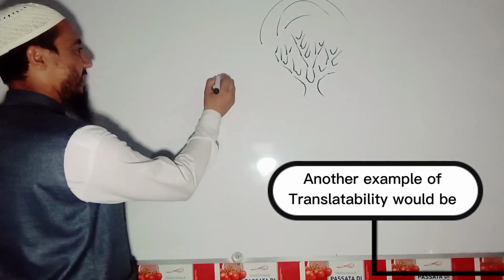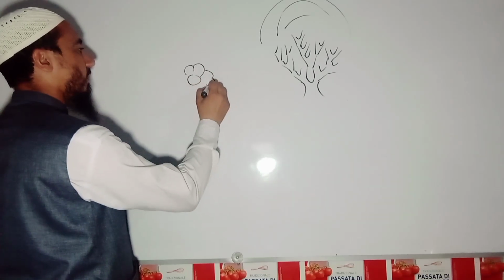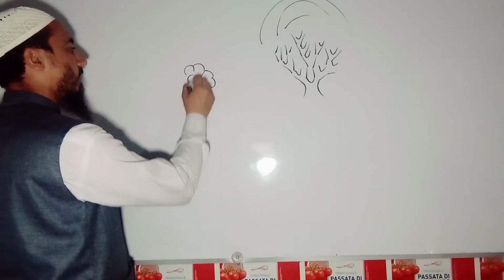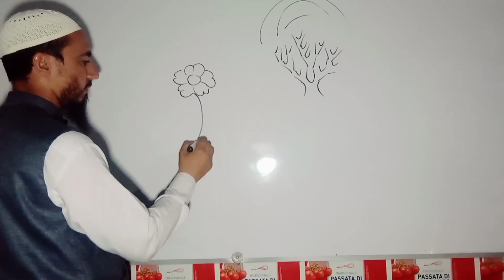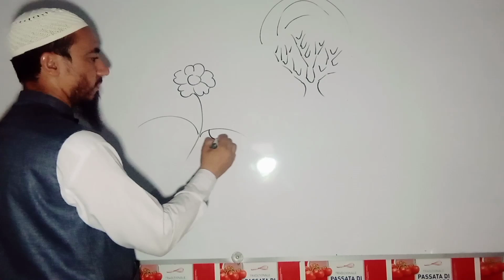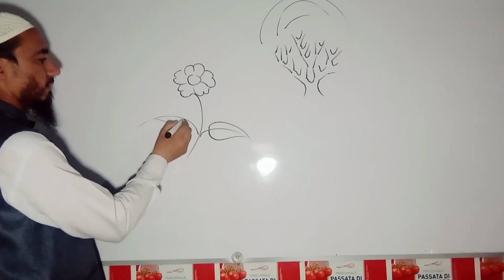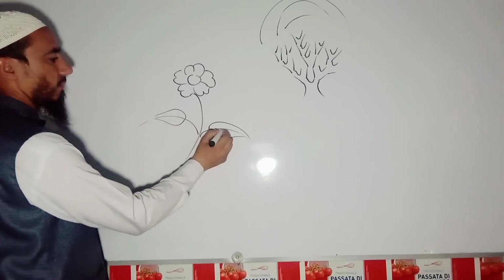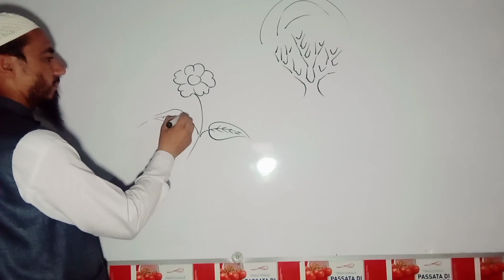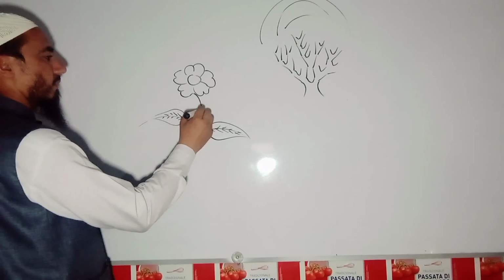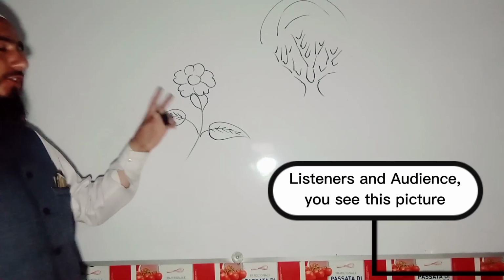Another example of translatability would be, for example, listeners and audience, you see this picture of a flower.